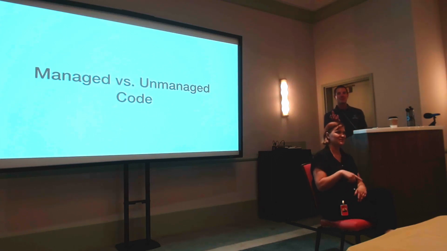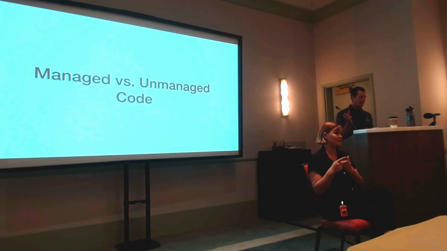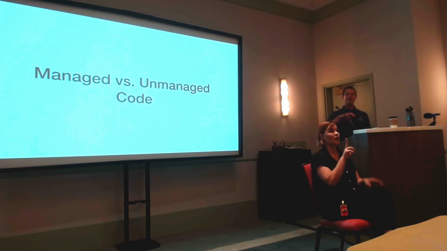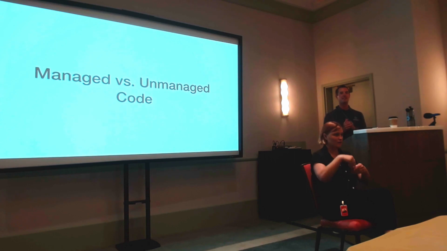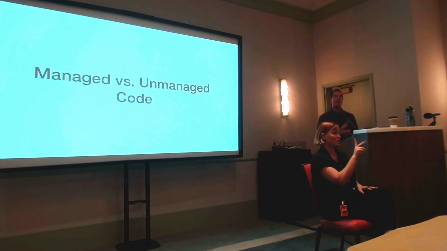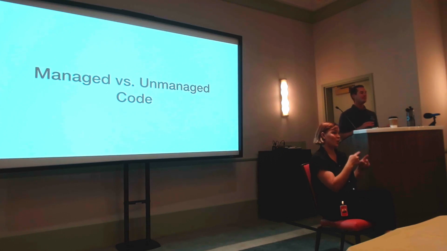When I'm dealing with C programs, we talk about those as unmanaged software. When I compile that, the operating system can execute the code directly. It has everything it needs to know about how to run that C program. When I'm dealing with something like C#, that would be managed code, where if I compile something in C#, I have to have the .NET runtime libraries loaded on my machine.